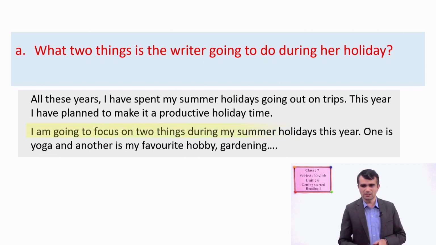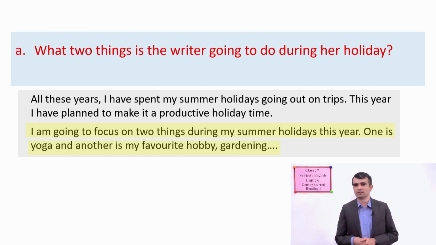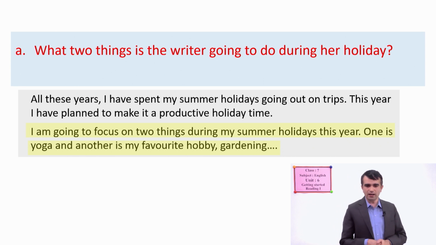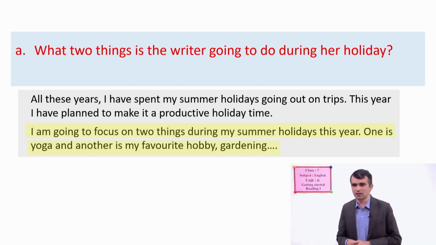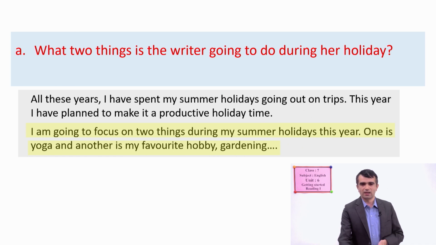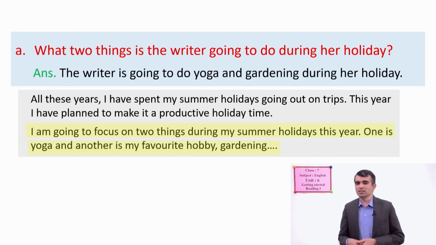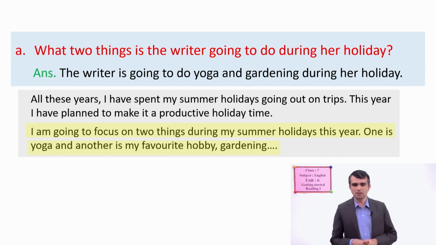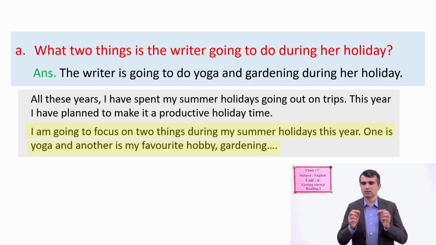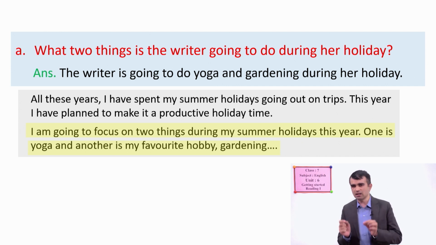Yes, you can get it easily, can't you? She says, I am going to focus on two things during my summer holiday this year. One is yoga and another is my favorite hobby, gardening. So how can you write the answer? Okay. The writer is going to do yoga and gardening during her holiday. Or simply you can write yoga and gardening. Okay? Very good.